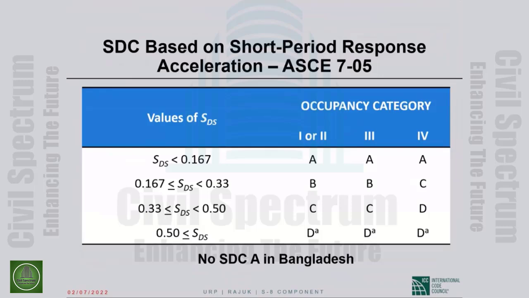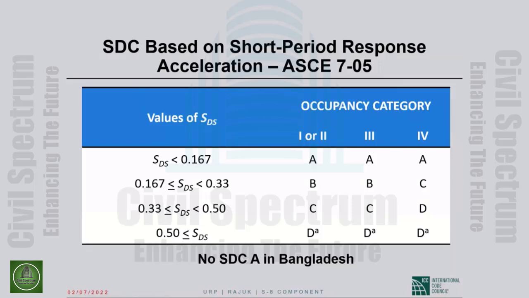The seismic design category must be determined first based on short period ground motion, S sub DS, by this table that is part of ASCE 7. Okay, so we have the occupancy category here and S sub DS here. S sub DS, I remind you, is soil modified ground motion. So the ground motion is here, but the soil is also here.